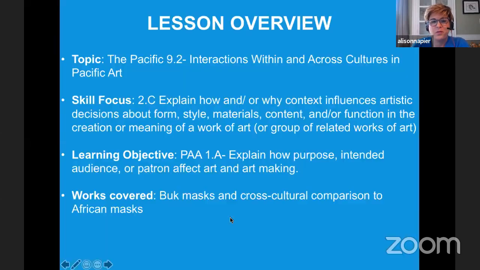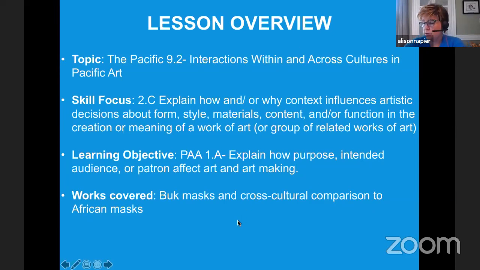So we get started with 9.2, talking about interactions within and across cultures in Pacific art. That's our topic, and our skill focus today, explaining how and why context influences artistic decisions about form, style, materials, content, and or function, and how this impacts the creation of a work of art or a related group of works.